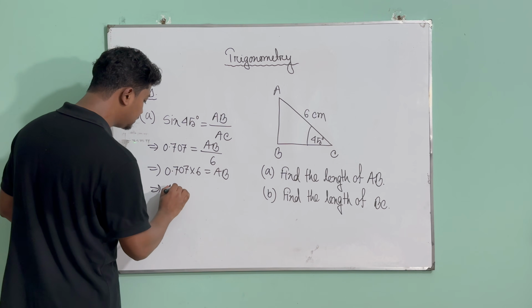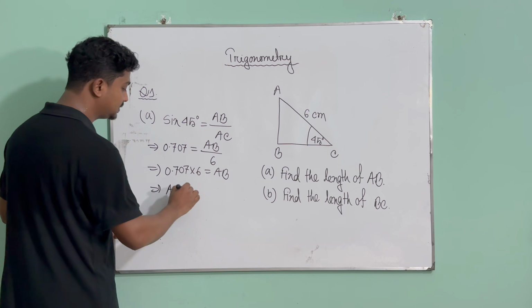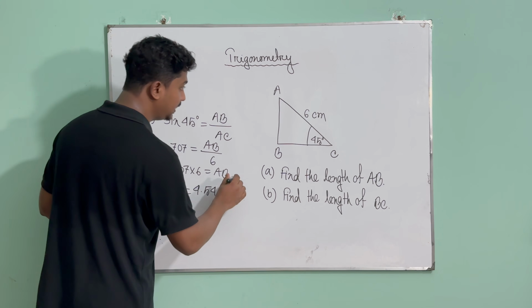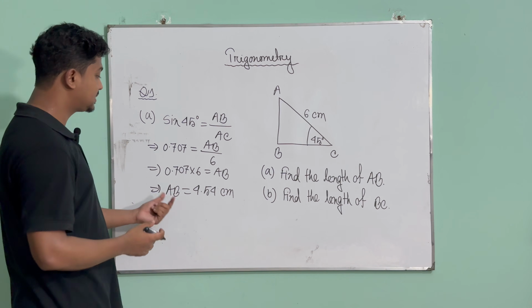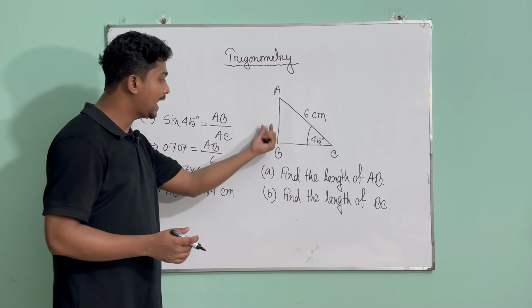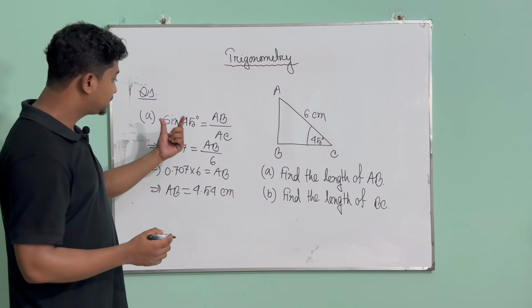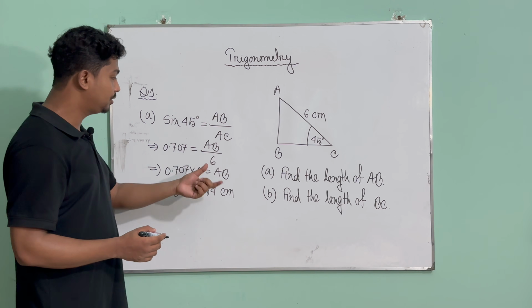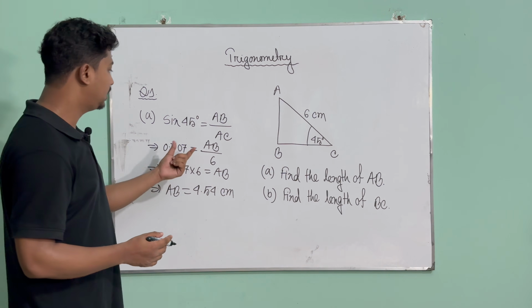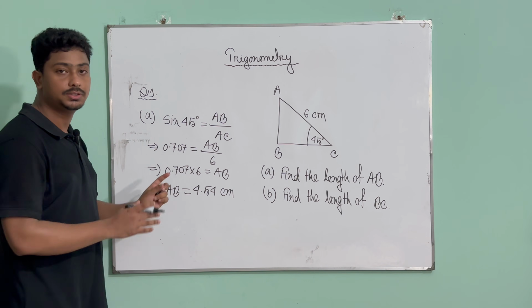So AB equals something like 4.54. If the unit is centimeter, the answer is in centimeter. Just like that, using the sine function, we pretty easily calculated AB, right? So using the function and the ratio, you can use the hypotenuse, the opposite and the angle to calculate another side, whichever side you want.